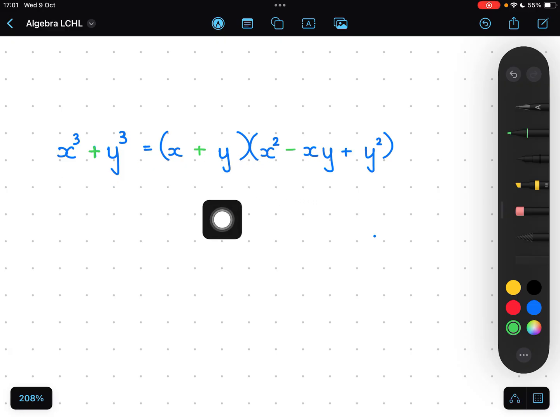If it was a difference of two cubes instead, so another rule, x cubed minus y cubed, the only thing that's different is the signs.